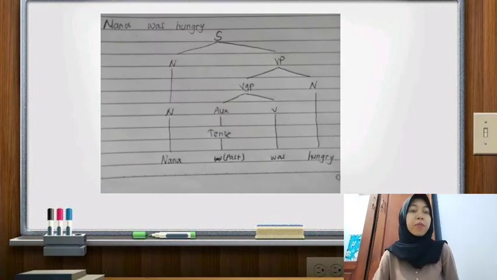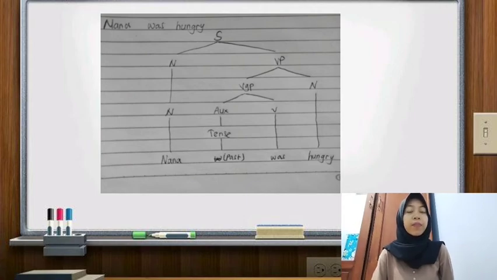The second example is Nana was hungry. The three diagram is subject, contains noun phrase and verb phrase. The noun phrase contains noun, and Nana in the sentence is a noun. Okay, let's move into the verb phrase.